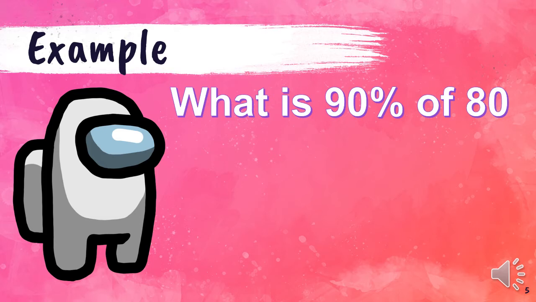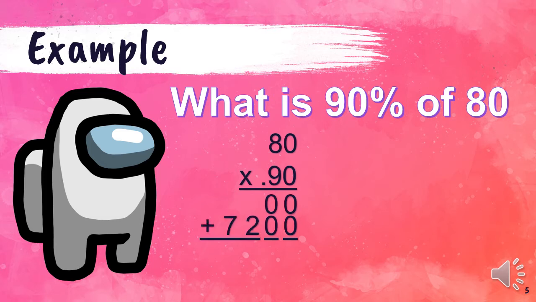What is 90% of 80? 0 times 0 is 0 ones. 0 times 8 is 0 tens. Place a 0 under your ones column. Now we multiply by 9. 9 times 0 is 0. 9 times 8 is 72.